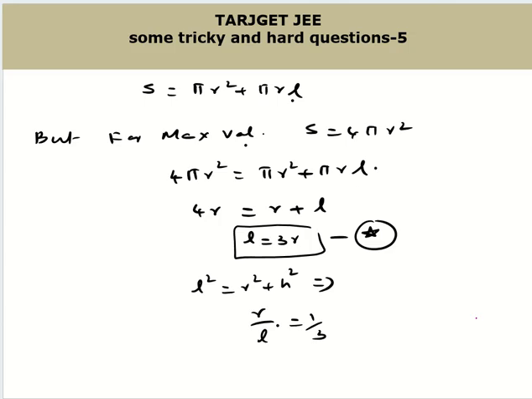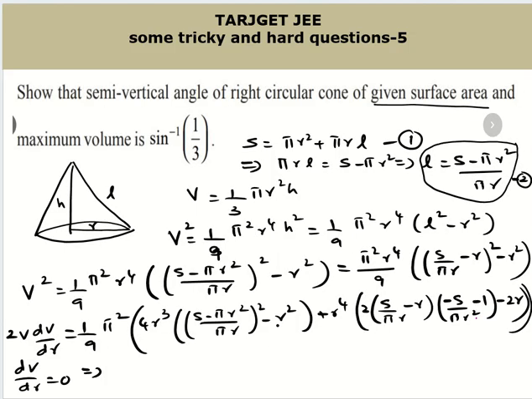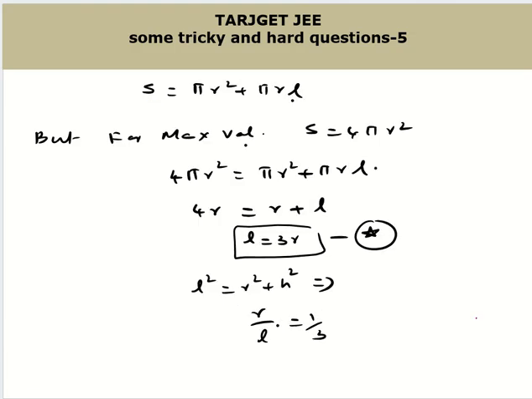If you go to the diagram, if you call the semi-vertical angle theta, we know that sine theta is equal to opposite side by hypotenuse. Sine theta is equal to r by L. So we get sine theta is equal to 1 by 3. Theta is equal to sine inverse of 1 by 3. I wouldn't rate this question as a very tough question, but it looks like a pretty lengthy question.